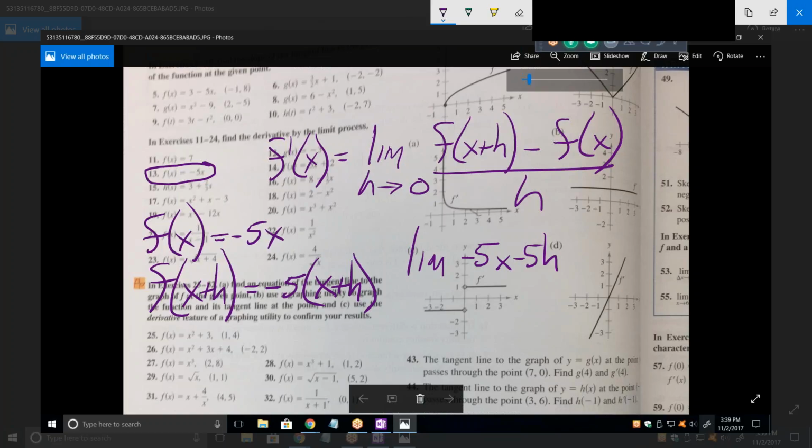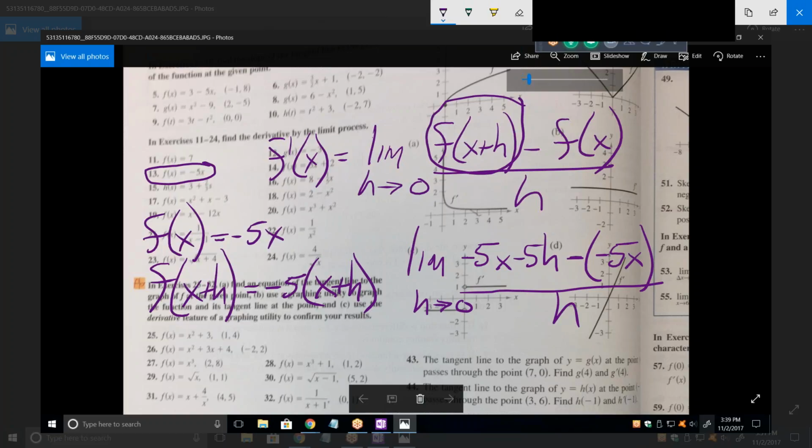Yeah. That's what that is. And then I'm subtracting the original function, which is minus 5x. Then I'm dividing all of that by h, and I'm going to take the limit as h goes to 0.